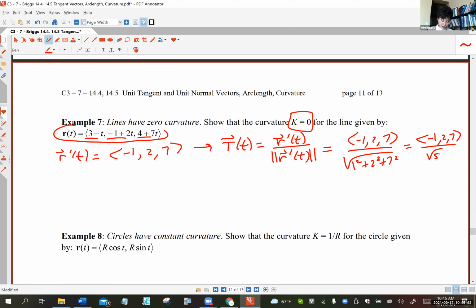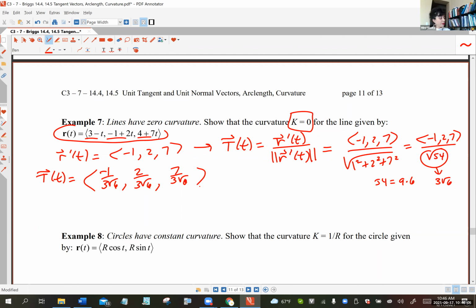I think that's square root of 54. And since 54 is equal to 9 times 6, this square root of 54 you can write as 3 square root of 6. So your big T, when I rewrite it nicely, where I distribute my scalar, is going to look like this. -1 divided by 3 square root of 6, 2 divided by 3 square root of 6, and 7 divided by 3 square root of 6. It's a constant vector. Doesn't always happen for big T, but it's nice.